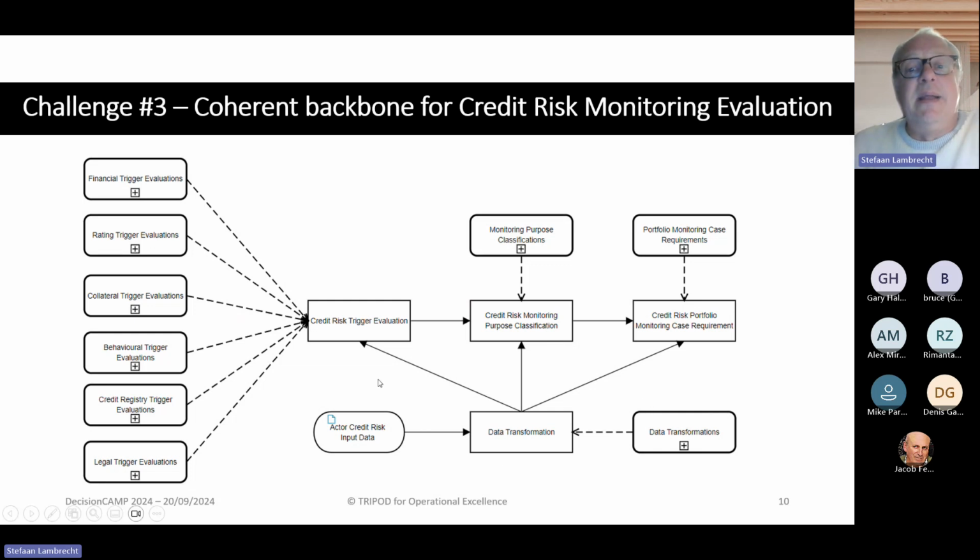And then the model itself runs through three aggregation steps. Here we have the first step, which evaluates all of the triggers within all of these categories. The result of that evaluation with all data involved lands here.